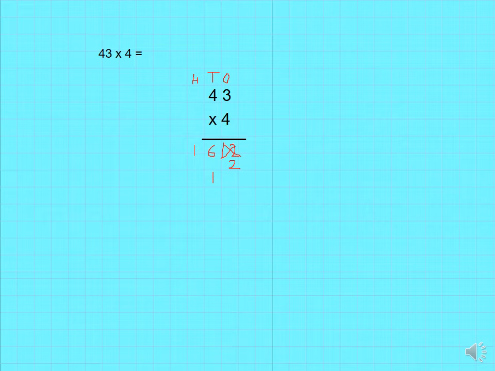So this doesn't become 6 anymore, it becomes 7. So our answer is 172, okay? Because we had to add this 10 onto it, and yeah, that makes it 172, okay?